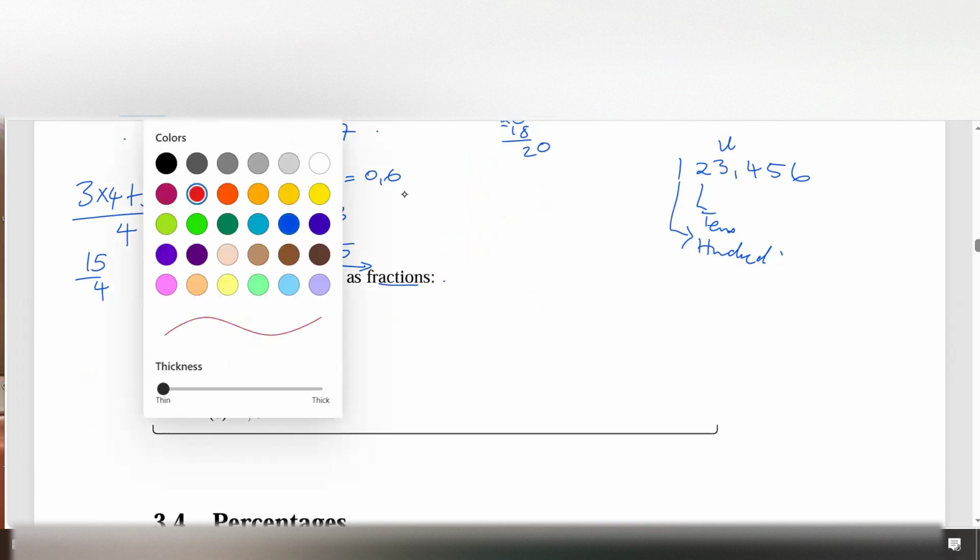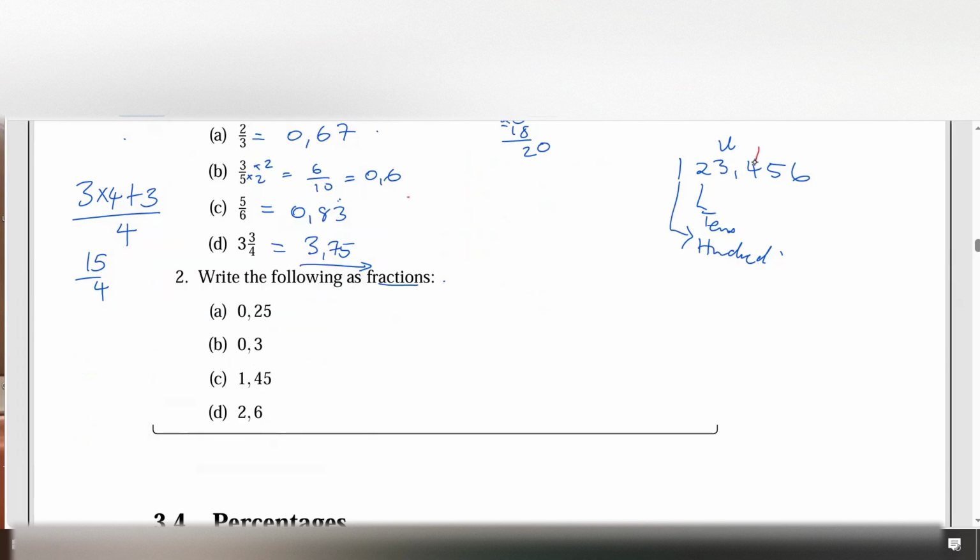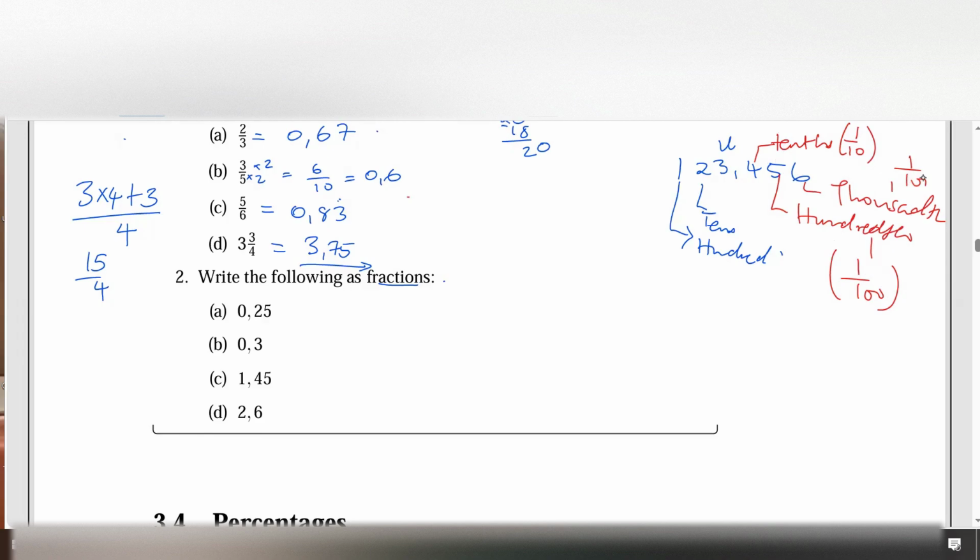And then the numbers after the comma, the 4 will represent the tenths, 5 represents the hundredths, and then 6 represents the thousandths. So what this means is that tenth is the same as 1/10. Hundredths is the same as 1/100. Thousandths is the same as 1/1000.